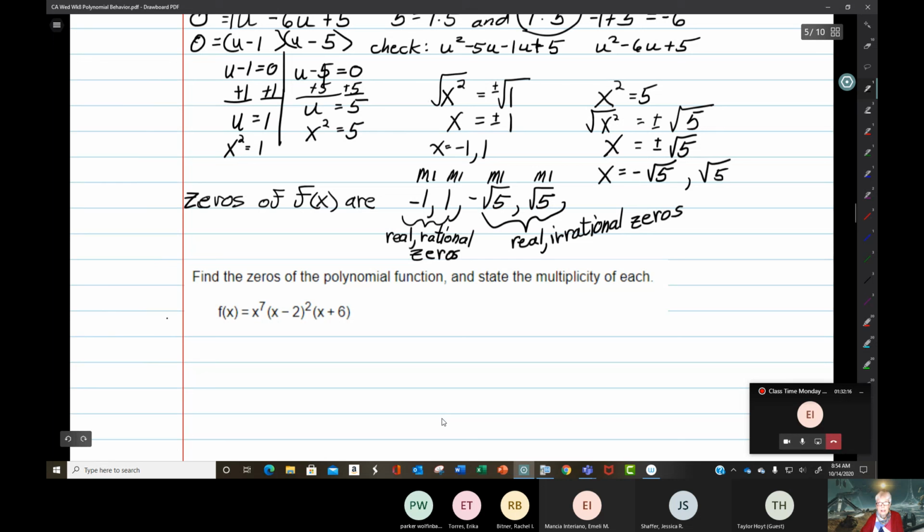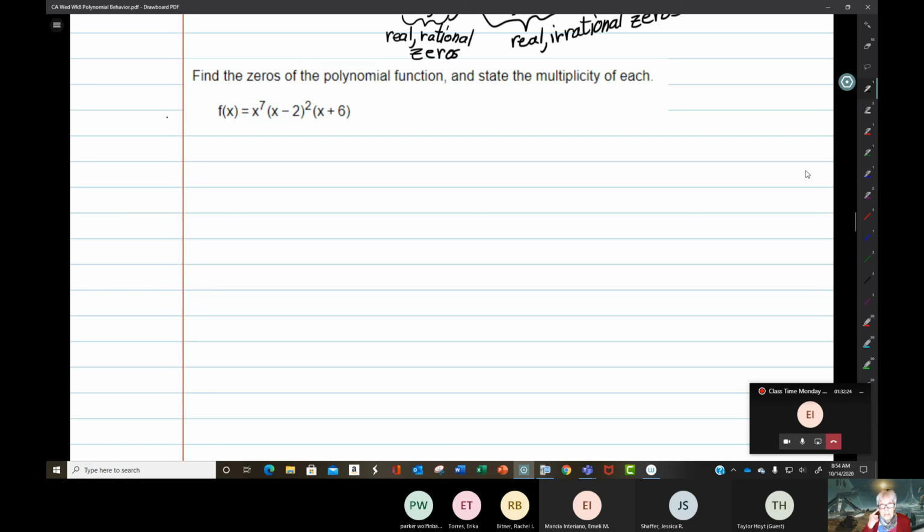Now, we are going to find the zeros and the multiplicities one more time, and this is a doozy. I'm going to write this out. I'm going to expand it. I'm going to write it out the way it really is. f of x equals x times x times x times x times x times x times x.